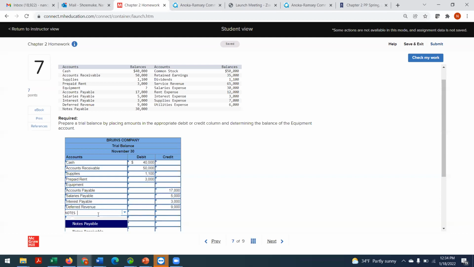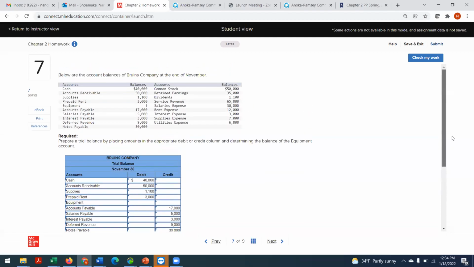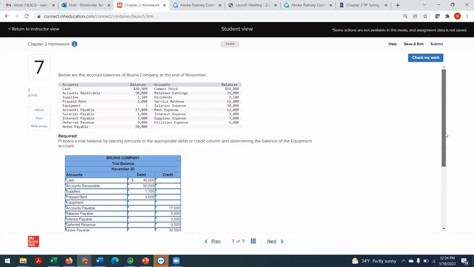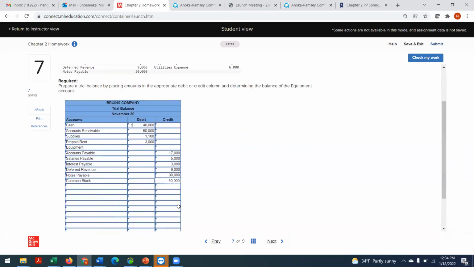Our notes payable is 30. Common stock has what kind of balance? A credit balance. Retained earnings has a credit balance.